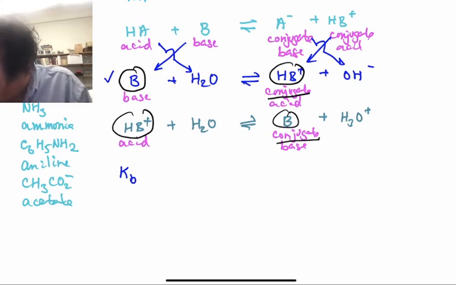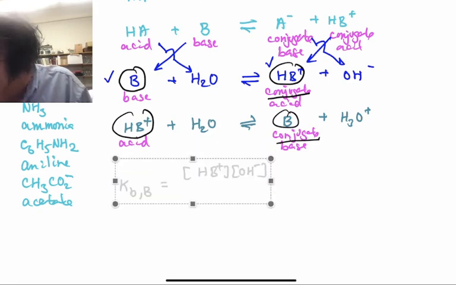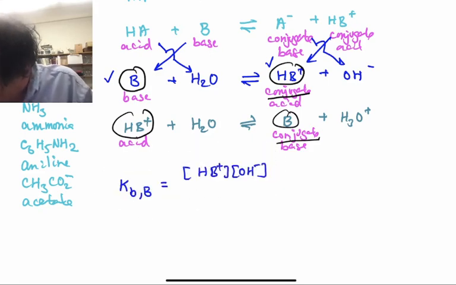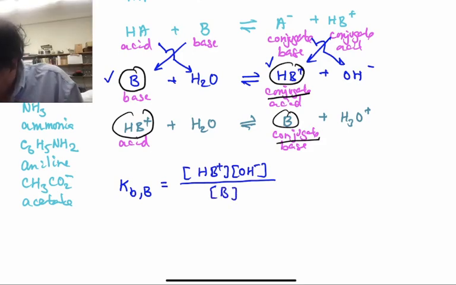Kb of the base B is defined to be the products, HB plus times OH minus, divided by the reactant B. That contrasts to the Kas that we know well.